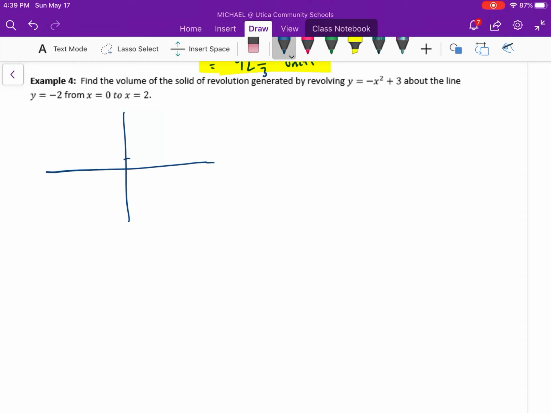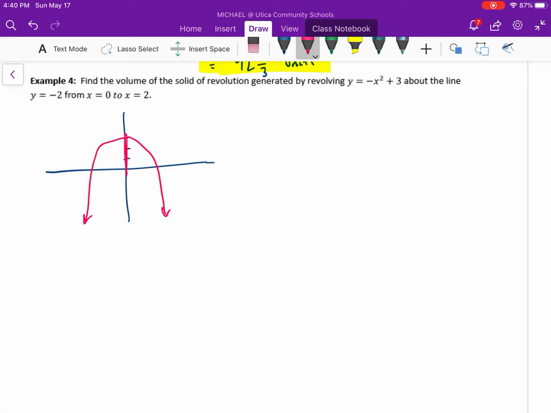Looks like it's going to be very similar. Negative x squared plus 3. So again, up 3 opens down. I'm going to go ahead and write that in the pink. We're going from 0 to 2. I think 2 is going to cross.